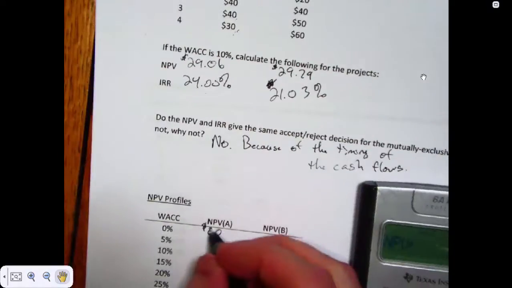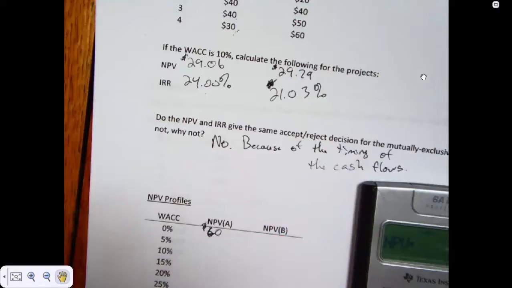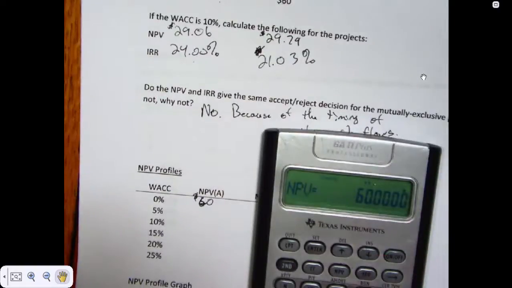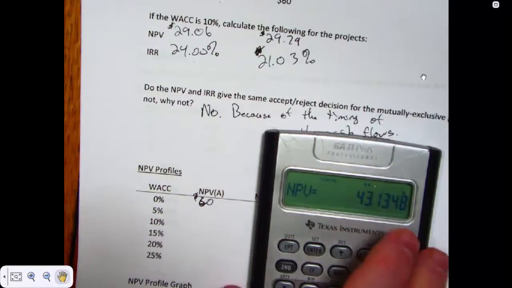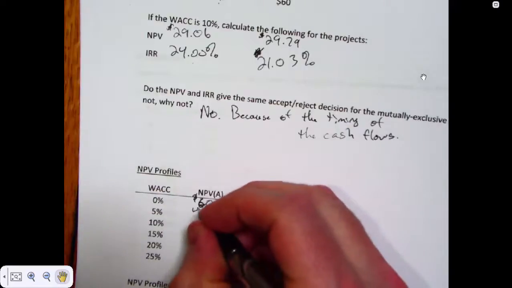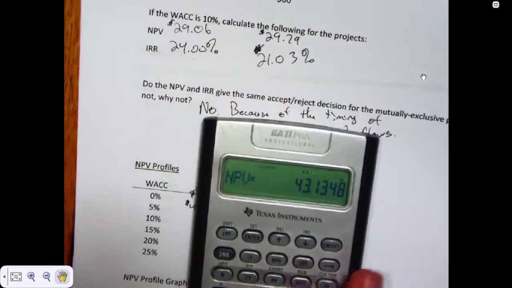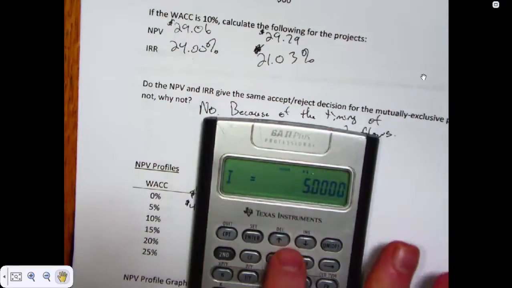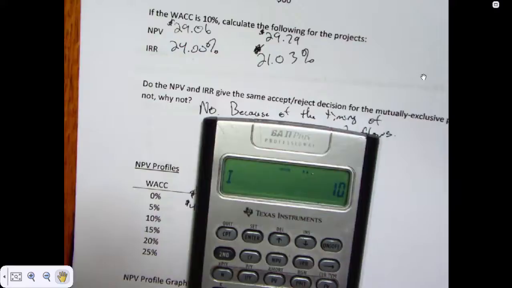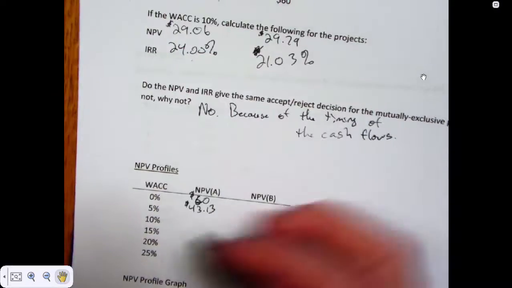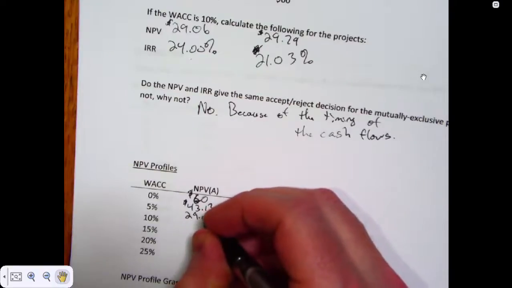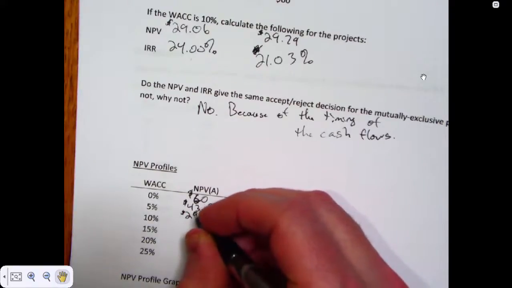My weighted average cost of capital, if it's 5%, my NPV would be $43.13. Then I'm going to go back and press NPV. My interest rate at 10%, my NPV is $29.06, which is what we got before.